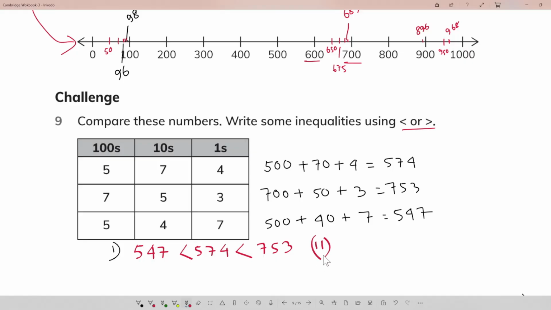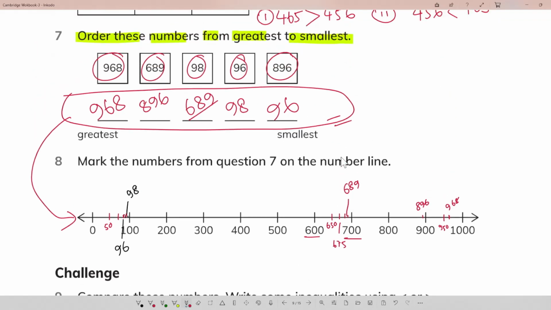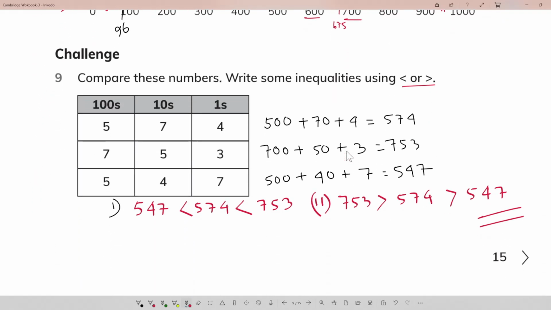Second answer: now you will use greater than. Which one is highest? 753, which is greater than 574, also greater than 547. Very simple. Okay, so number 9 done.